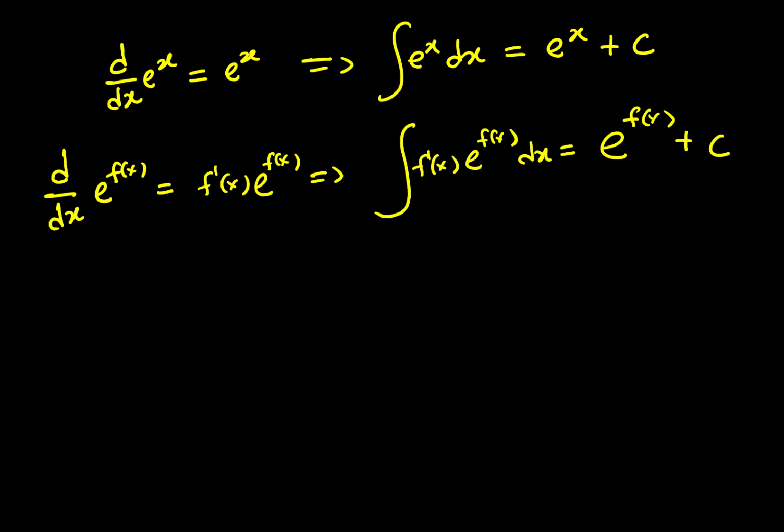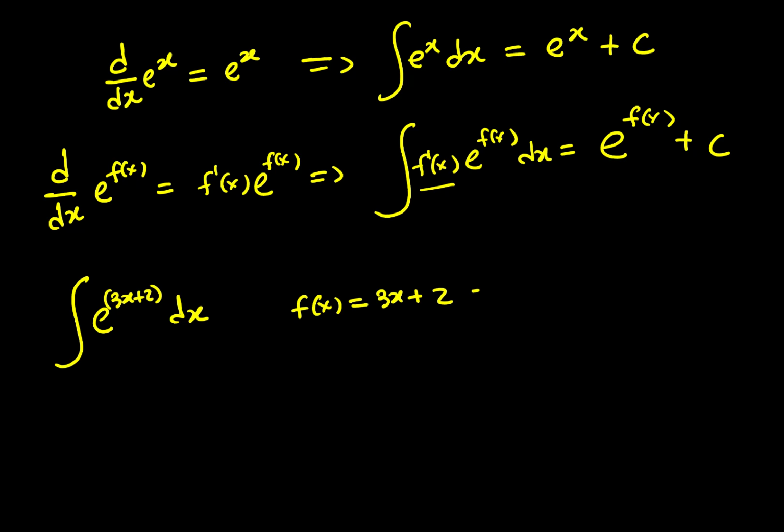I can give you an example. Suppose you are asked to integrate e raised to the power 3x plus 2 dx. We realize that there is nothing in front of e, but if we say that f of x is equal to 3x plus 2, this would mean that f prime of x is equal to 3.